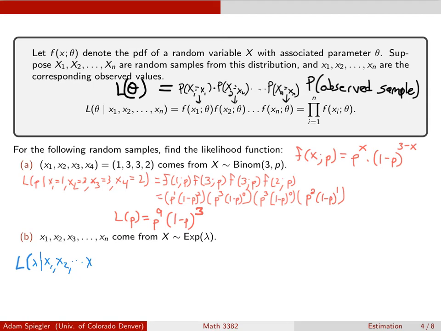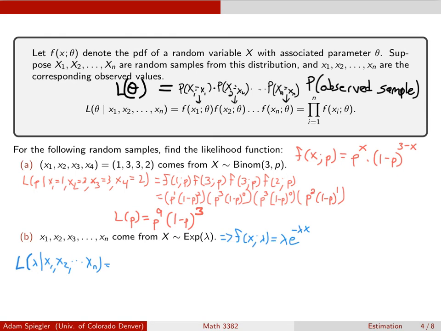We'll keep them arbitrary here, x1 up to xn. And so this would equal the product of the PDF evaluated at each of those values. And so for an exponential distribution, the PDF is equal to lambda times e to the minus lambda x.